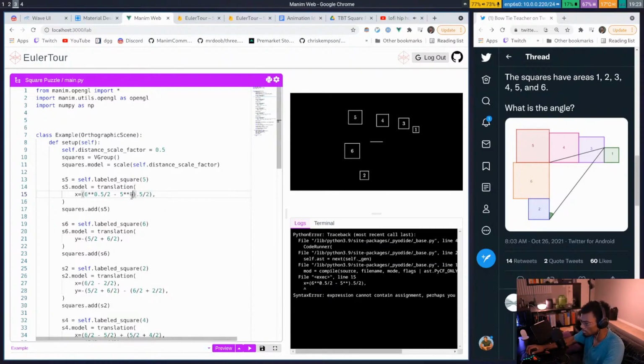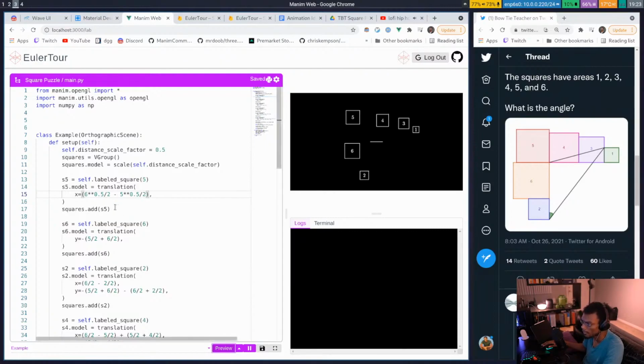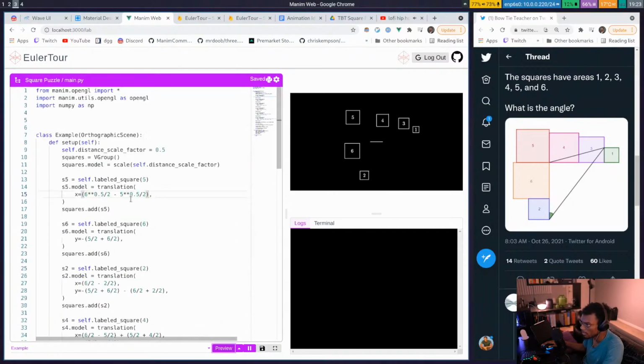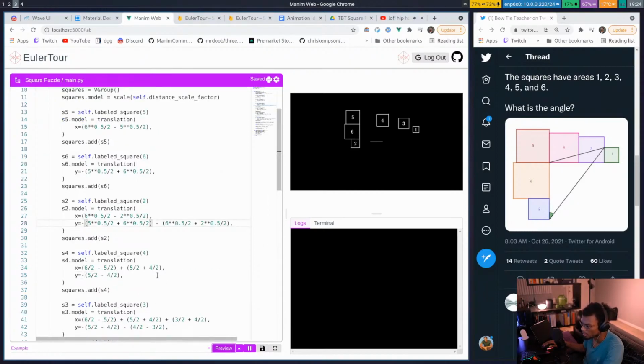Oh. Wait, what happened there? I think I was trying to think of a shortcut to do this. Maybe it's better to just do it like this. Okay. Okay, this isn't so bad.